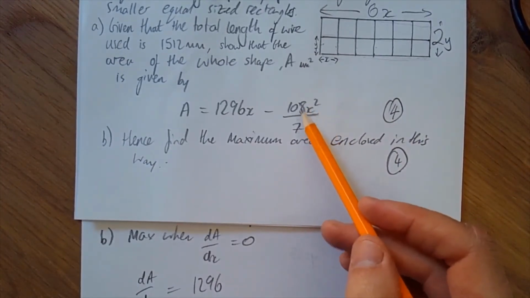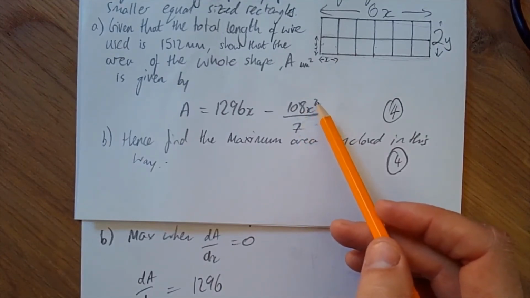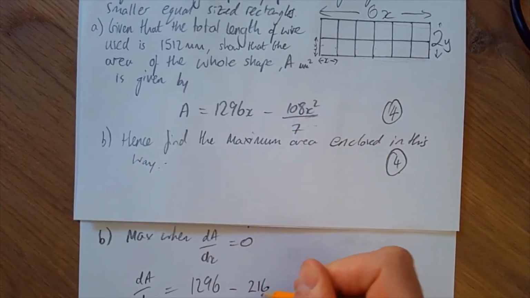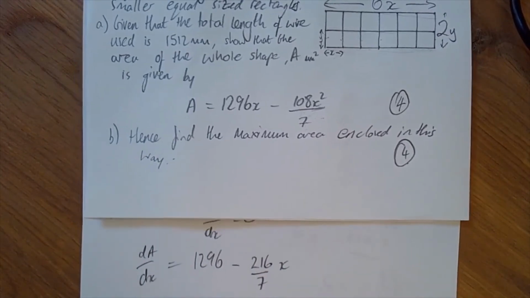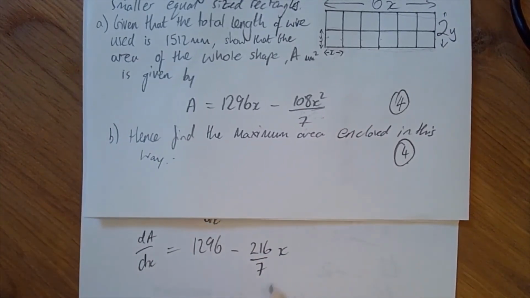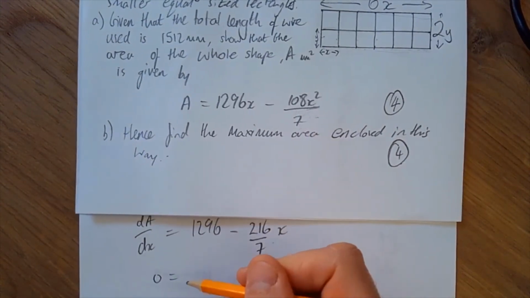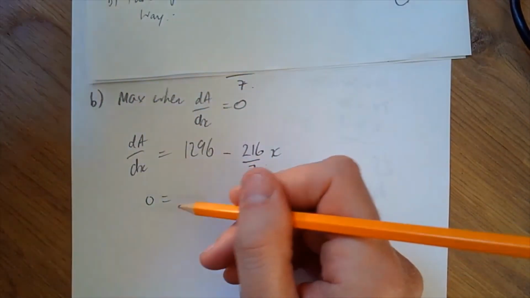You've just got a number in front of x squared, which is 108 over 7. So I need to multiply this by 2. I'm going to get 216 over 7 x. That's what we get when we differentiate this term here. And then I've got to set this equal to 0 in order to find the stationary points.